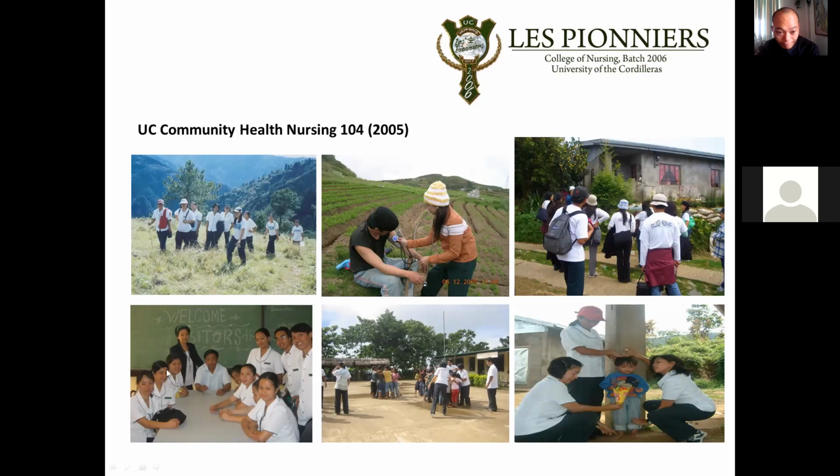Okay. School nursing, of course. So you can see here, this is a blackboard, welcome visitors. Okay, so most likely this group of students were assigned to this school and you are going to facilitate health programs in the school. So for example, it can be about health teaching about hygiene. It can be gathering data. So you can see here, the nurses are measuring the height, weight of the children, assessing for dental cavities, checking their ears.